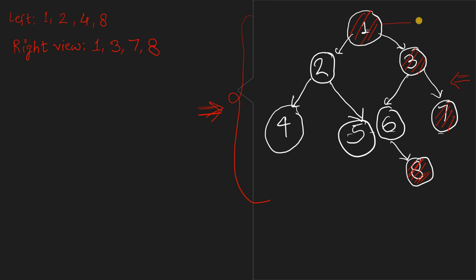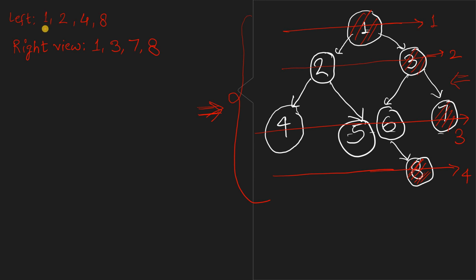And how are we writing it? We are going from level to level. So this is level 1, this is level 2, this is level 3, this is level 4. So we are writing from level 1 to level 4.